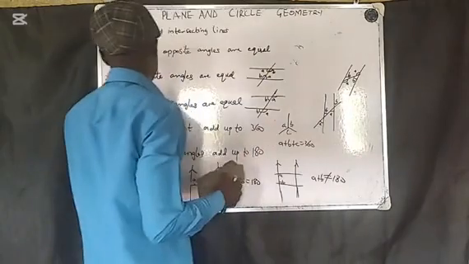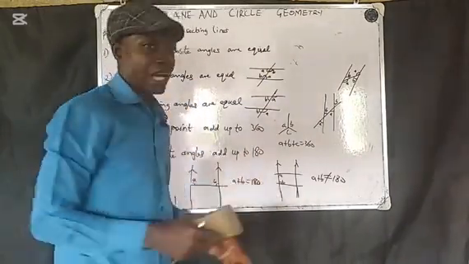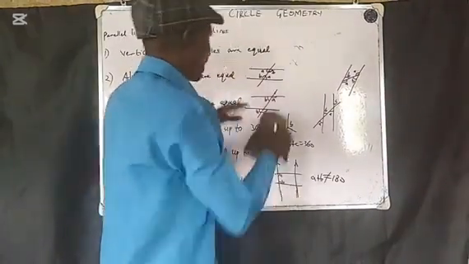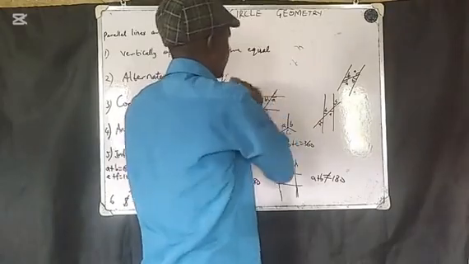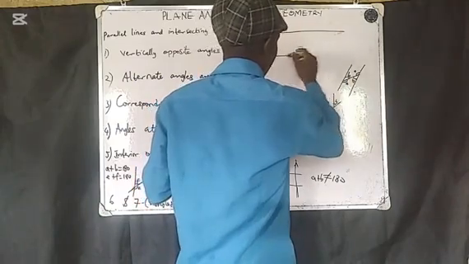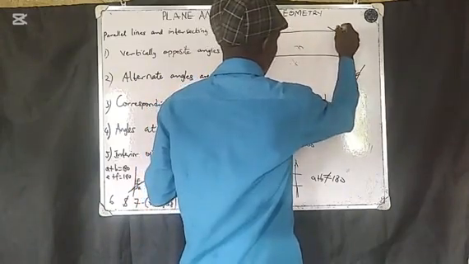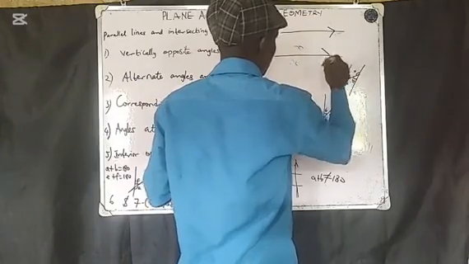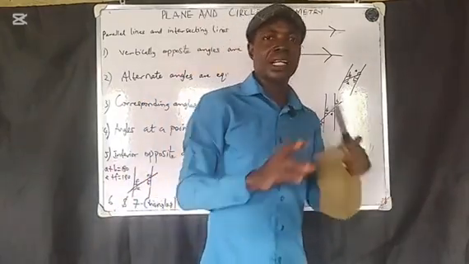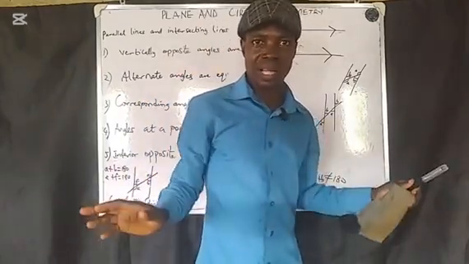The second one is alternate angles are equal. We can draw it like this. You can draw two parallel lines like this. Before you apply this, you must be dealing with parallel lines. If the lines are not parallel, this does not apply.